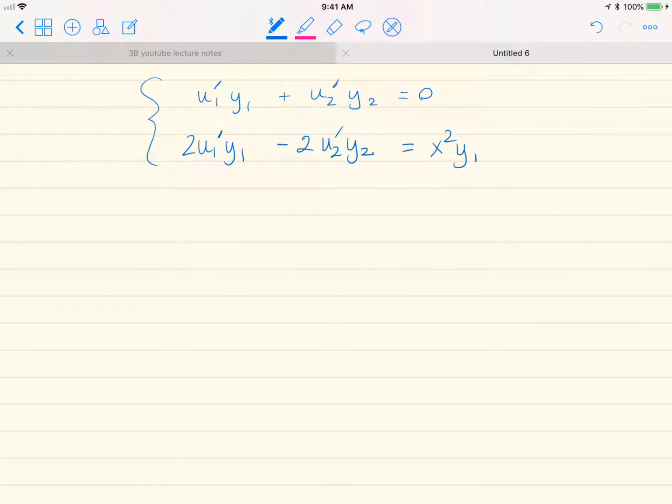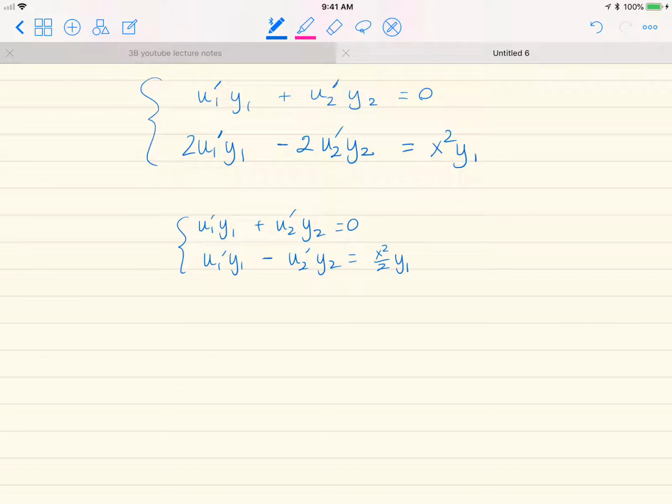Now if we divide the second equation by 2, then we will have u1 prime y1 plus u2 prime y2 equals 0, and u1 prime y1 minus u2 prime y2 equals x squared over 2 y1. The benefit of using y1 is that it clears up your notation, and it's easier to see what's going on.